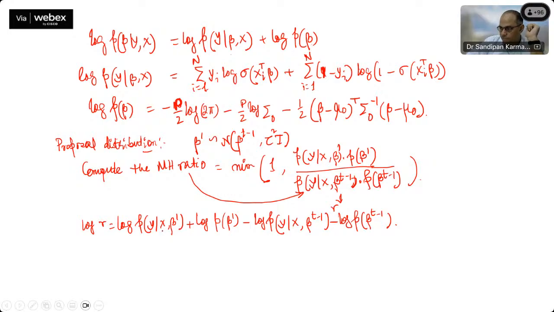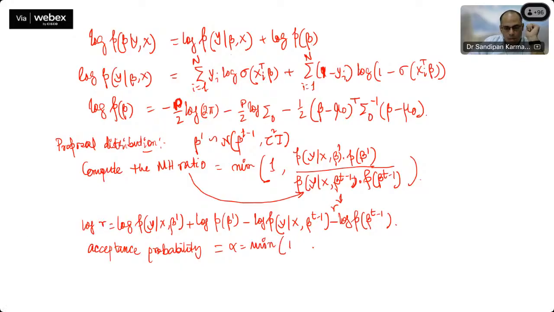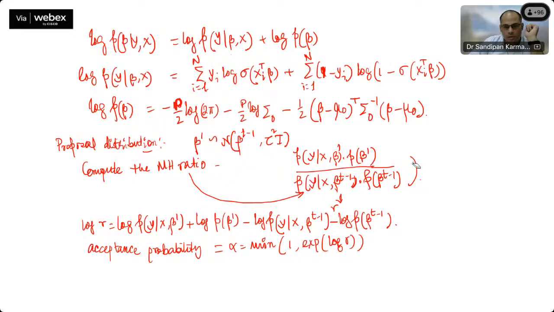Now the acceptance probability alpha equals the minimum of 1 comma exponential of log R.